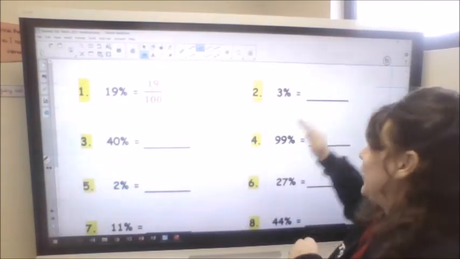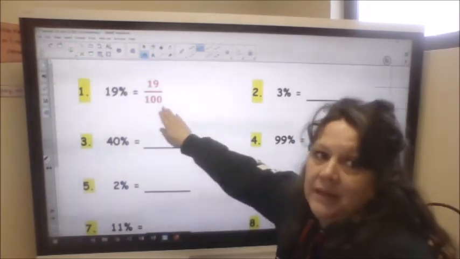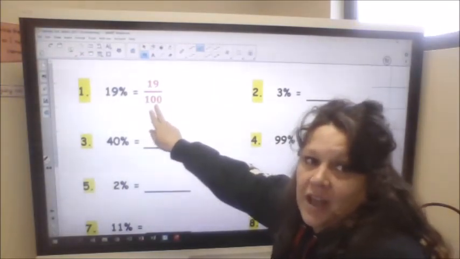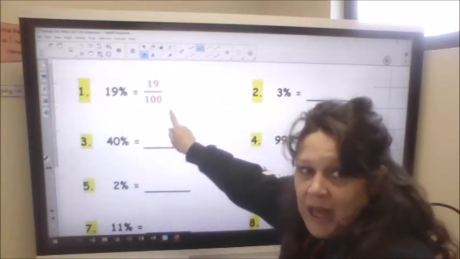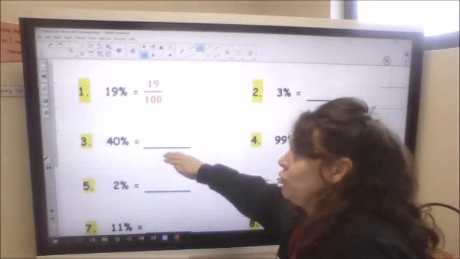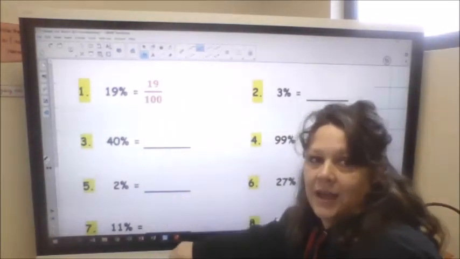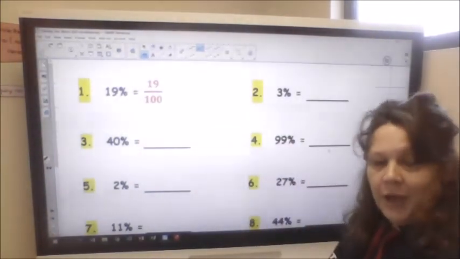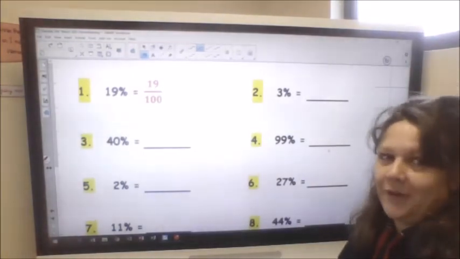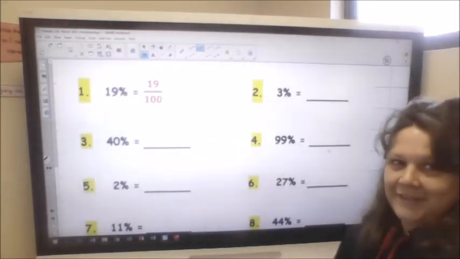So you're going to have a little go writing them as a fraction. And all that means is it's out of 100, okay? There's 100 altogether, and I've got 19 parts of it. There's 100 altogether, I've got 40 of them. 100 altogether, I've got 2 of them. Okay? So, pause the video, have a little go at these.